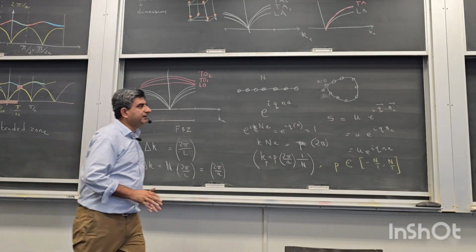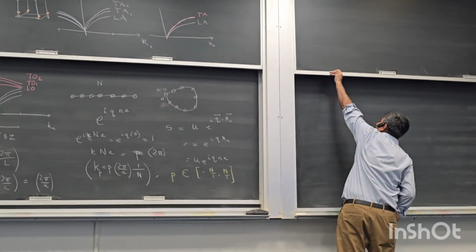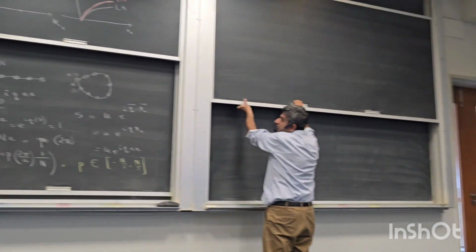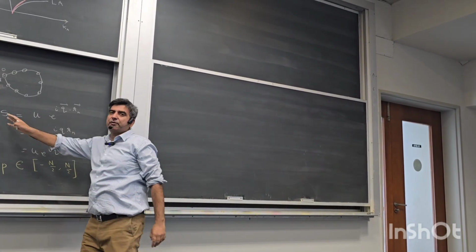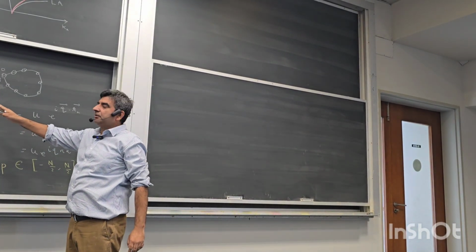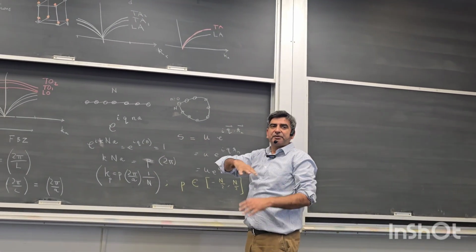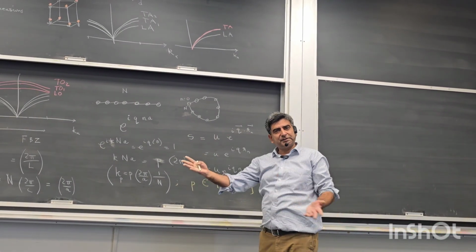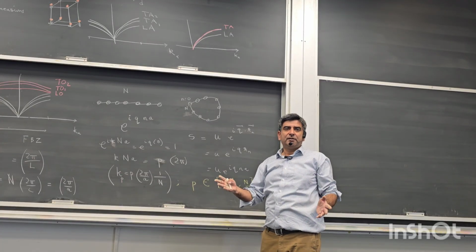In 3D, the spacing between two k values will be the three-dimensional analog of this, because now you have to impose these periodic boundary conditions, which are also called the von Karman boundary conditions, in 3D. So kx will be quantized, ky will be quantized, and kz will be quantized.